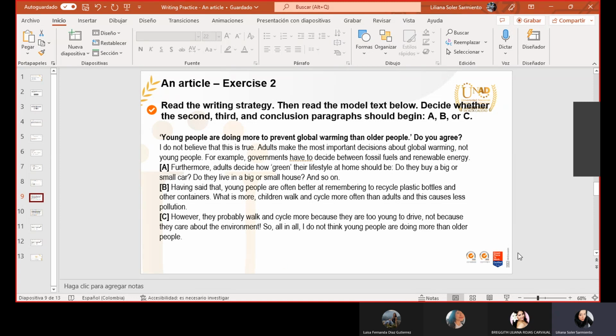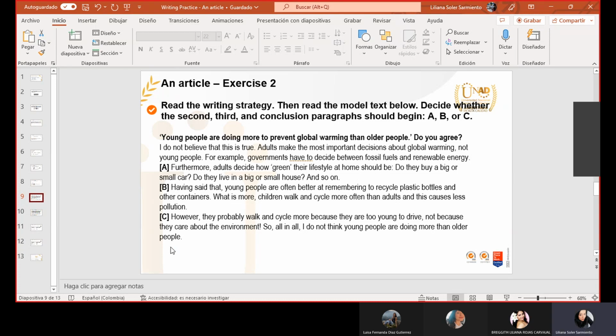However, they probably walk and cycle more because they are too young to drive, not because they care about the environment. So, all in all, I don't think young people are doing more than older people.